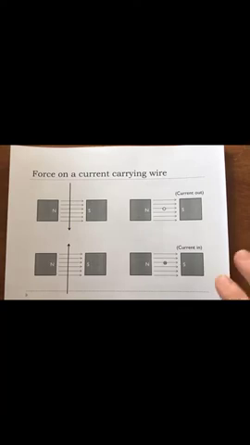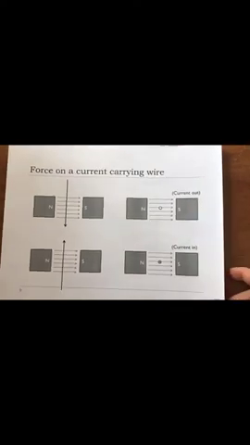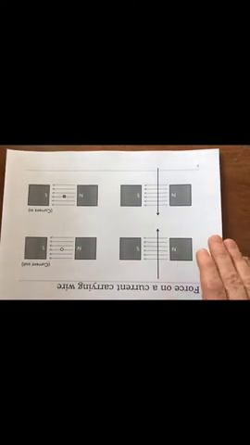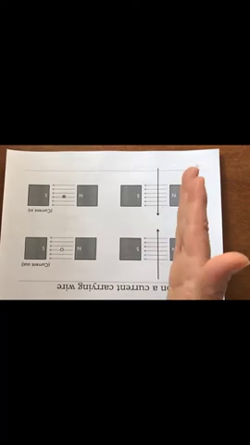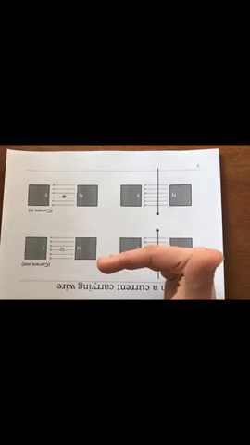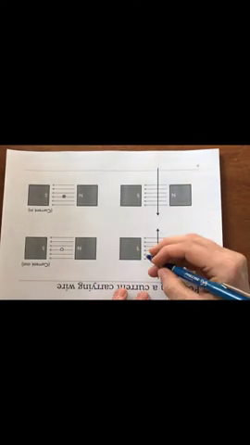Okay, so I'm going to start by rotating 180, so I can do this one. Fingers in the direction of the current. Rotate my hand till I can point in the direction of the field. My thumb points out of the page.